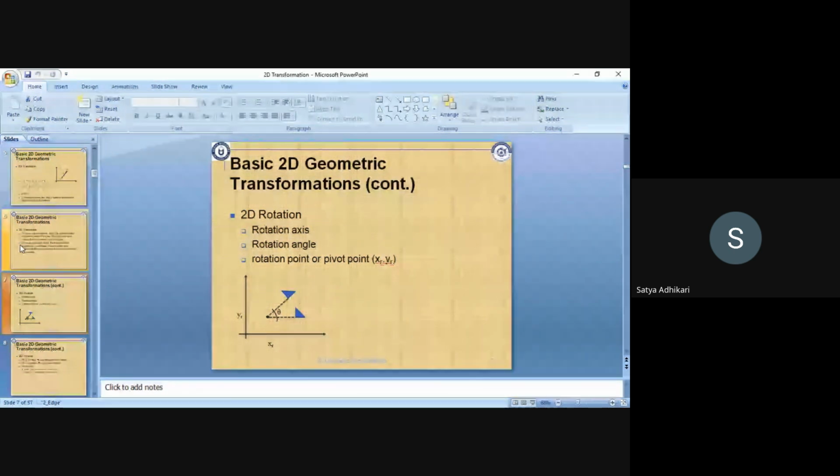We have to rotate an image in a particular direction. You see here there is an image, and we have to rotate it with the angle theta. After rotation, you will get a new image. The same image is rotated along the x-axis and y-axis.